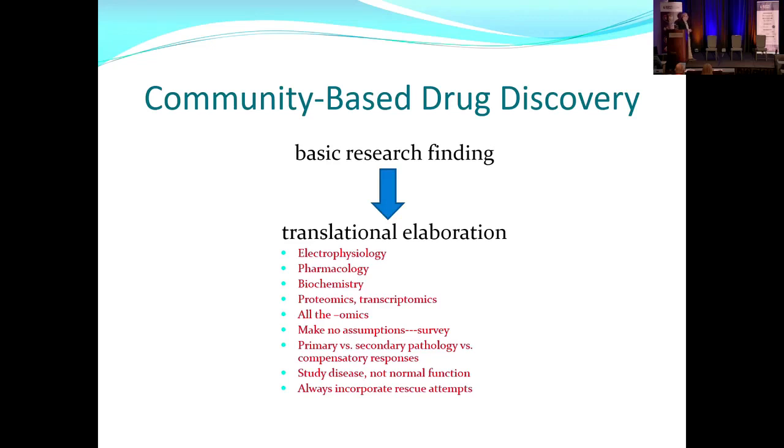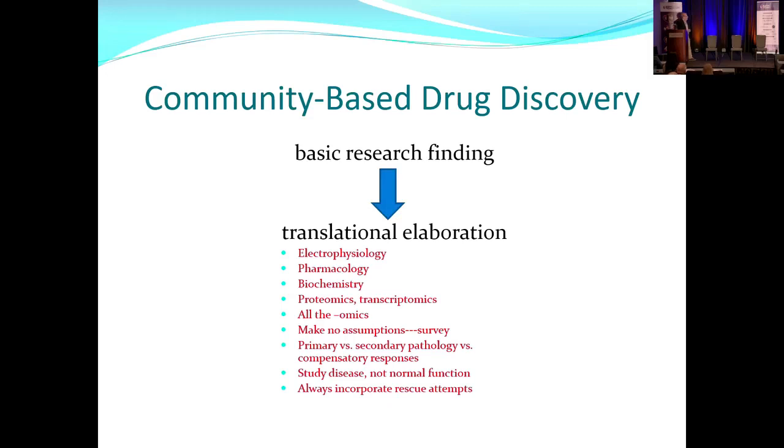Obviously, everybody wants to look at proteomics, transcriptomics, and all the other omics, metabolomics, and all the rest, microbiomics. But survey these things. It's really important not to make assumptions about what it is that you're dealing with, because as I'll tell you later, we've had some surprises along the way. Just when we thought we had everything figured out, it turned out that we didn't have it figured out at all.